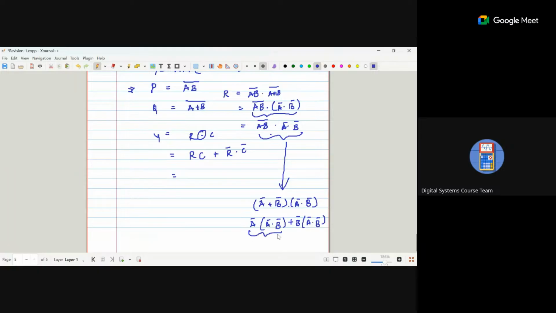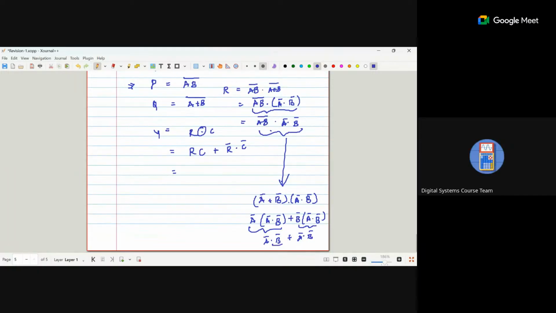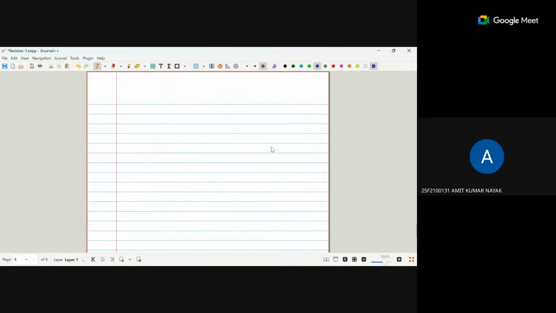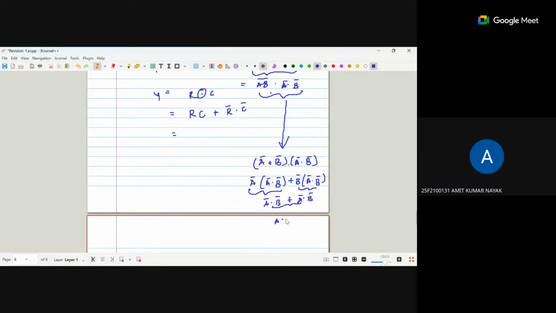Now what is the value here? It will be A complement B complement. This is also the same, A complement B complement, and this will be A complement B complement. Now this is your R.